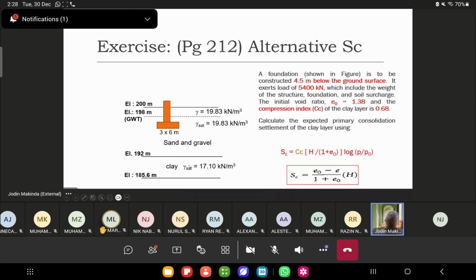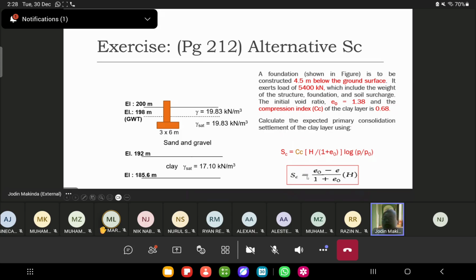Because we study consolidation and settlement of the clay layer. So your foundation will settle by 0.212 meter. Meaning that there is an alternative formula for SC.